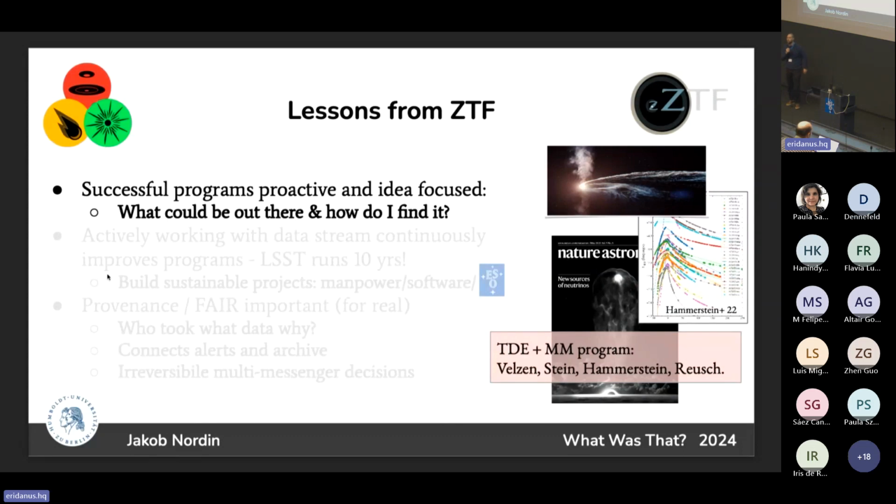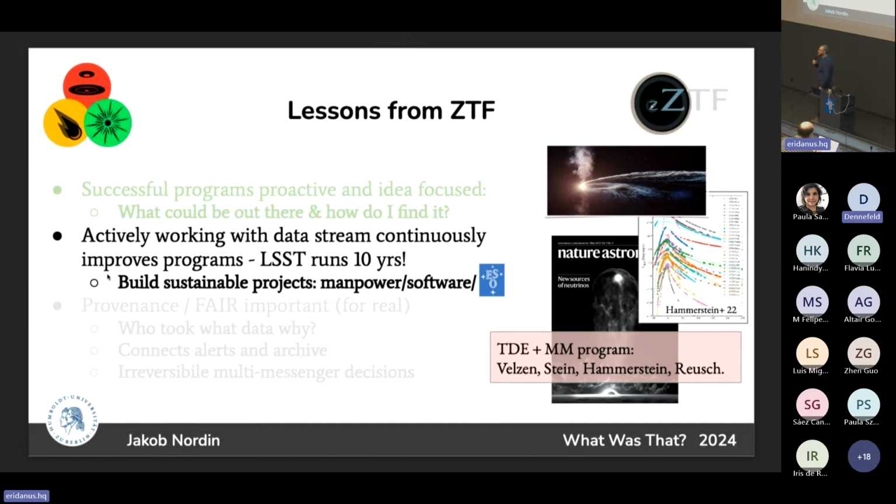And similarly, there were programs doing multi-messenger science. That was where I was mostly involved, combining that with IceCube neutrinos. And then we could eventually associate these two programs, where some of the extragalactic neutrinos might have been caused by TDEs. So these were proactive programs, both of them.